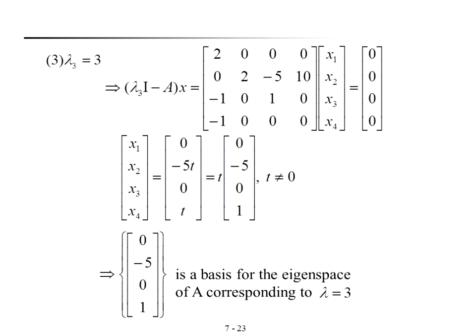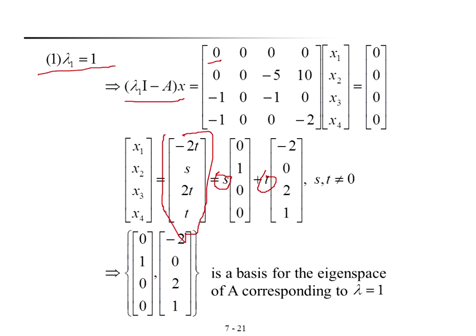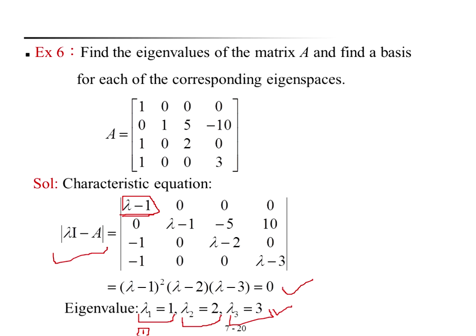Similarly, lastly, I find the eigenvector corresponding to lambda is equal to 3. So again I write 3 in place of lambda; this is the equation of the eigenvector. Lambda is 3, so 3 minus 1 is 2. Similarly, lambda minus 1 is 3 minus 1 is 2.